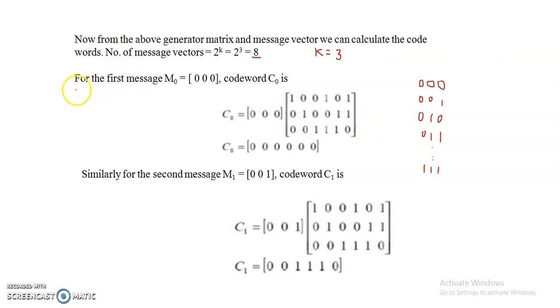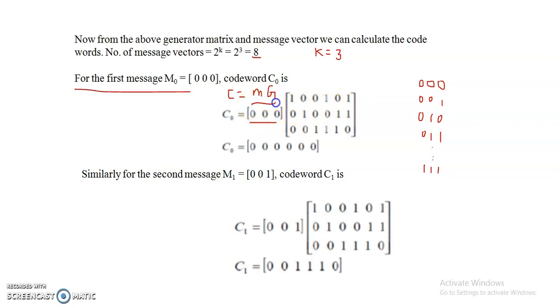Here one example is given for the message 000. To calculate the code word, C is equal to the message vector multiplied by the generator matrix. So it is a matrix multiplication of the message vector and the generator matrix. Here the example is given as 000 is our message vector, and the generator matrix we have already written.